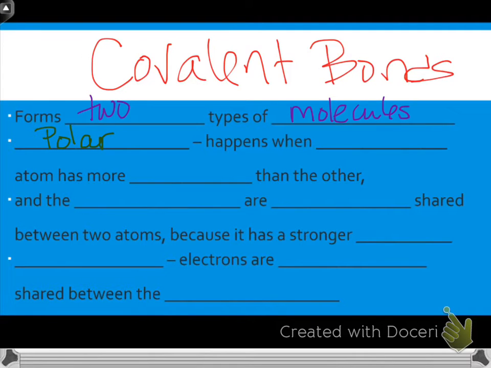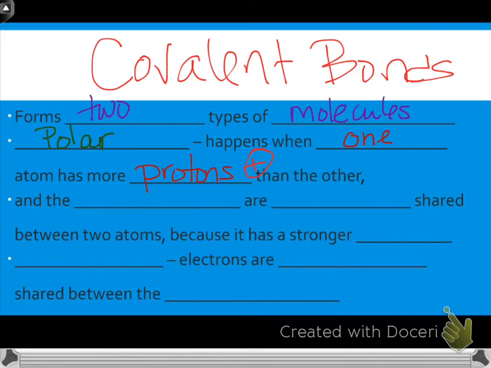There's the polar covalent bonds, and that happens when one atom has more protons than the other. And you know protons carry a positive charge. Oopsie, that doesn't look like a plus sign at all. Let's try now.